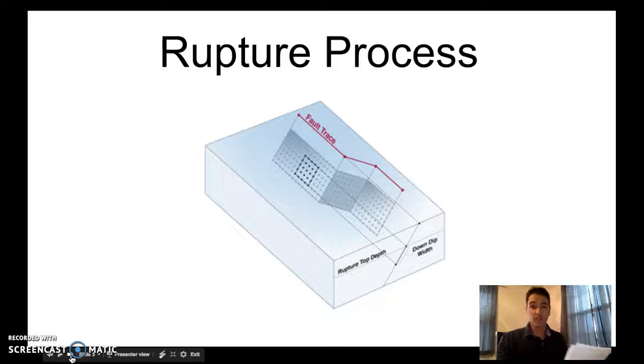So what he's talking about here is that the initial down-dip rupture actually takes place on this diagram, where it says down-dip, and the 2 up-dip ruptures after that take place on this other plate where it says rupture top depth, which should be the Eurasian plate from what we're looking at. The rupture pattern correlated well with how the aftershocks were distributed over a period of months on end.